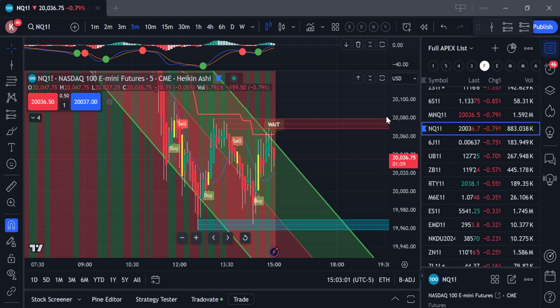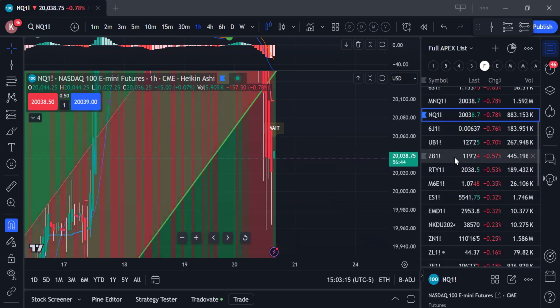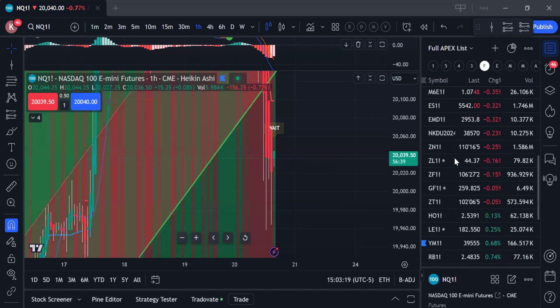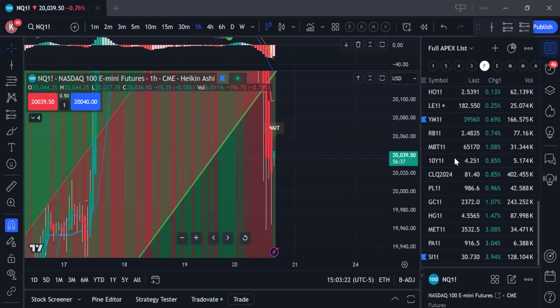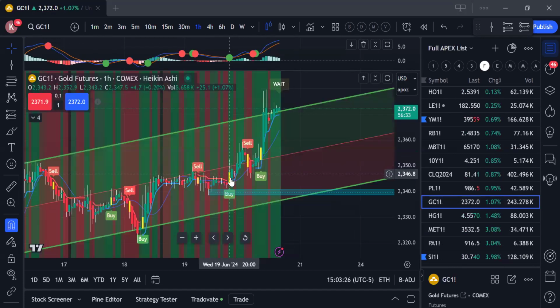Copper, we have 2 more months, so we have a lot of time. Gold, copper, everything is completely at the top now. If you look at the 1 hour chart, you are at the top of the chart.